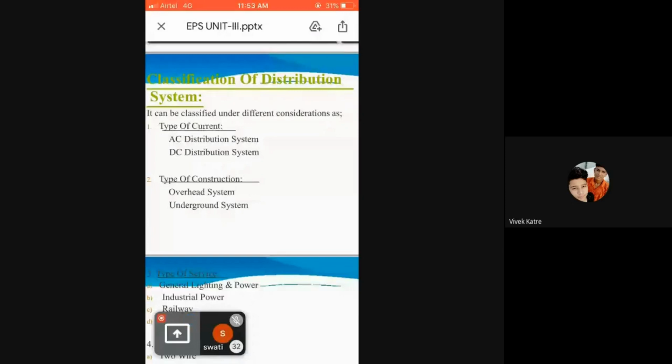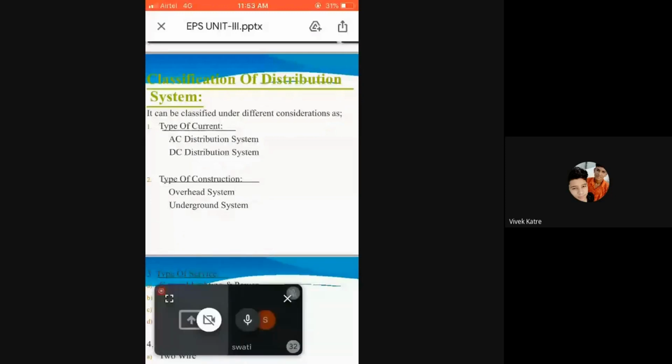After that, feeder and distributor. From this distributor, we are getting these mains. The lines here, the arrow section, we are taking the name as service mains. This is the proper construction of your elementary distribution scheme.